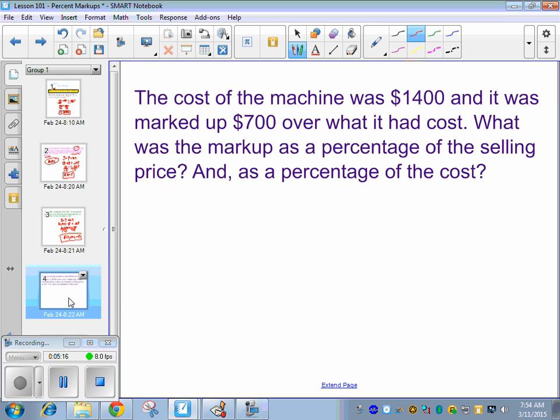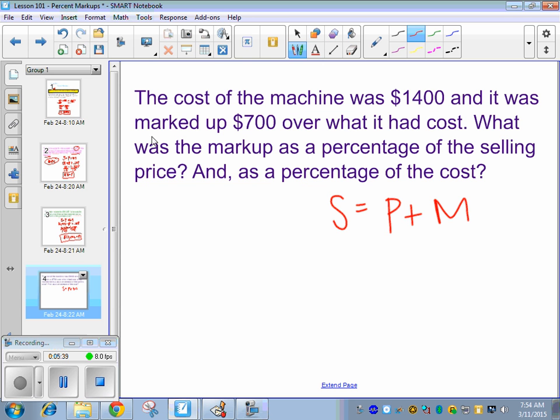All right, the cost of the machine was $1,400, and it was marked up $700 over what it had cost. What was the markup as a percentage of the selling price and as a percentage of the cost? So this is different. First thing we should find, though, is the selling price. So same formula.